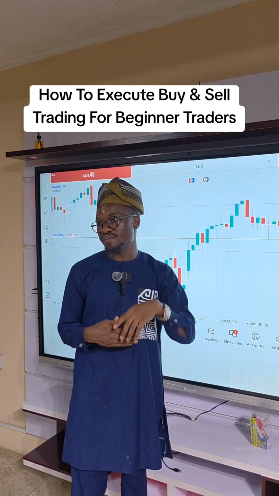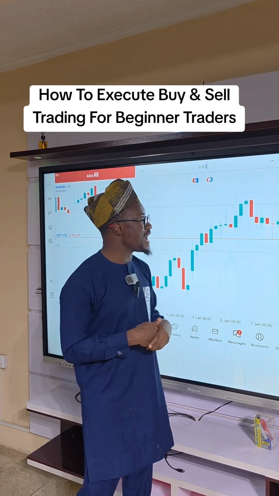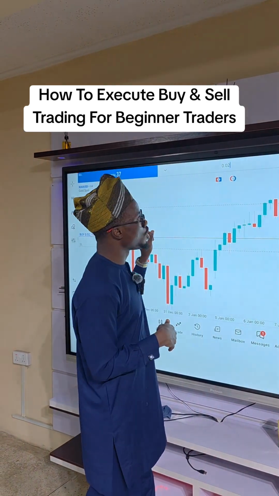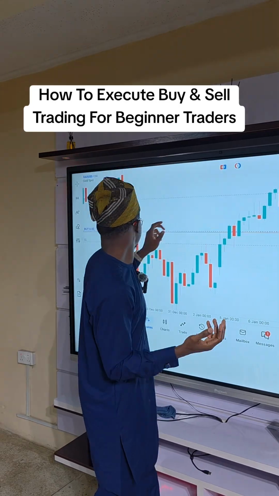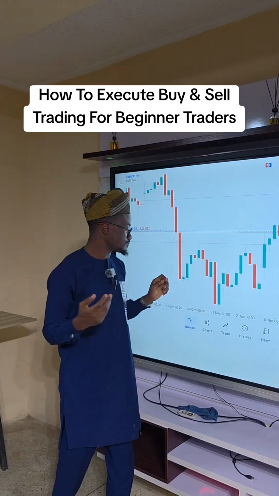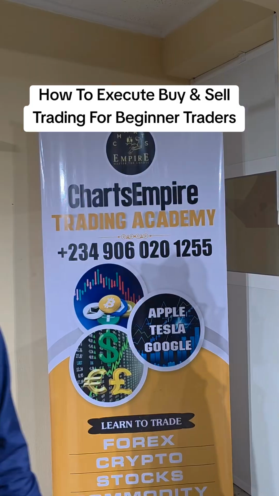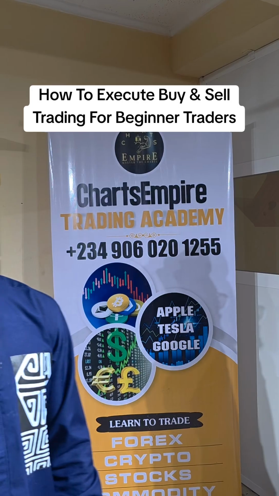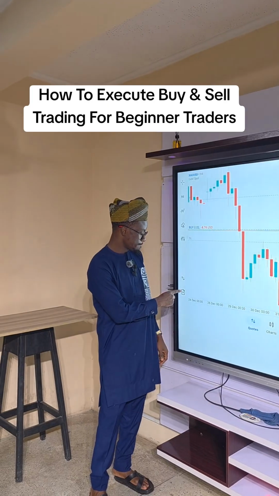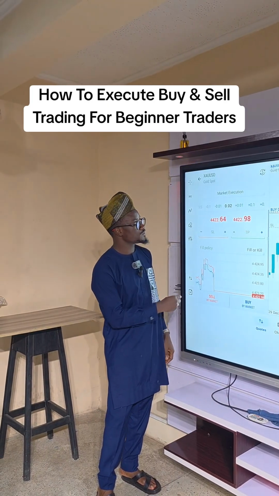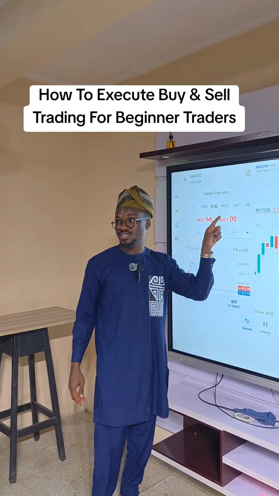If you are not using MetaTrader 5, if you are using the 4, then you have to click on the trade execution tool. You come right here and click on this plus icon. Now this is the table you were asking for.